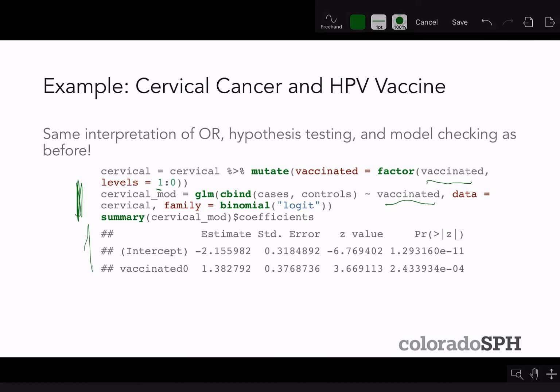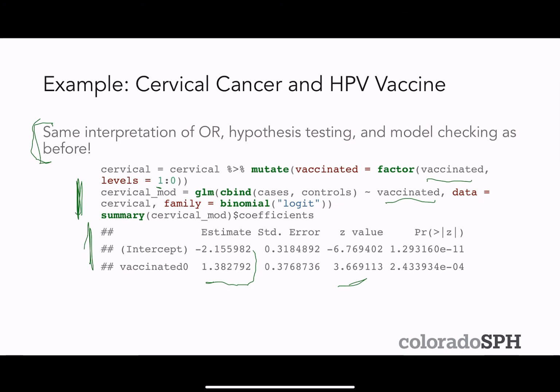You get your coefficients, which are the log odds ratios. You can use the same interpretation of your odds ratio and the same Wald or likelihood ratio hypothesis testing, and all of the same model checking that we've learned previously.